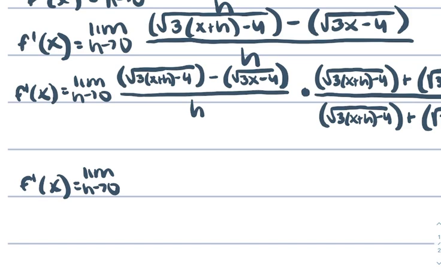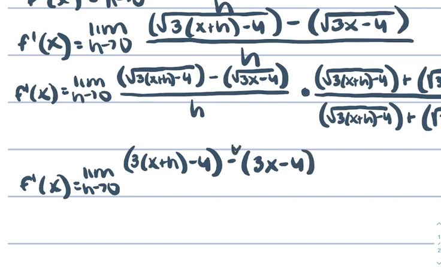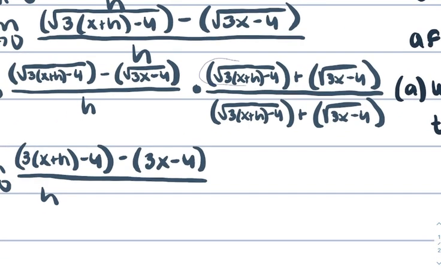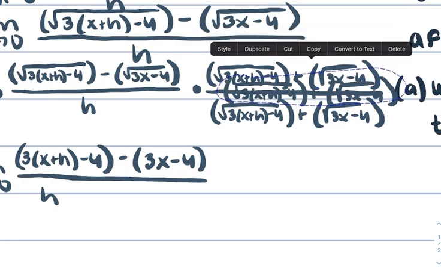So we would have 3x plus h minus 4 in parentheses. Parentheses are important because it makes sure that you distribute any negative signs like seen over there. Then on the bottom part, we can't forget to add on this. So I'll just copy it again.